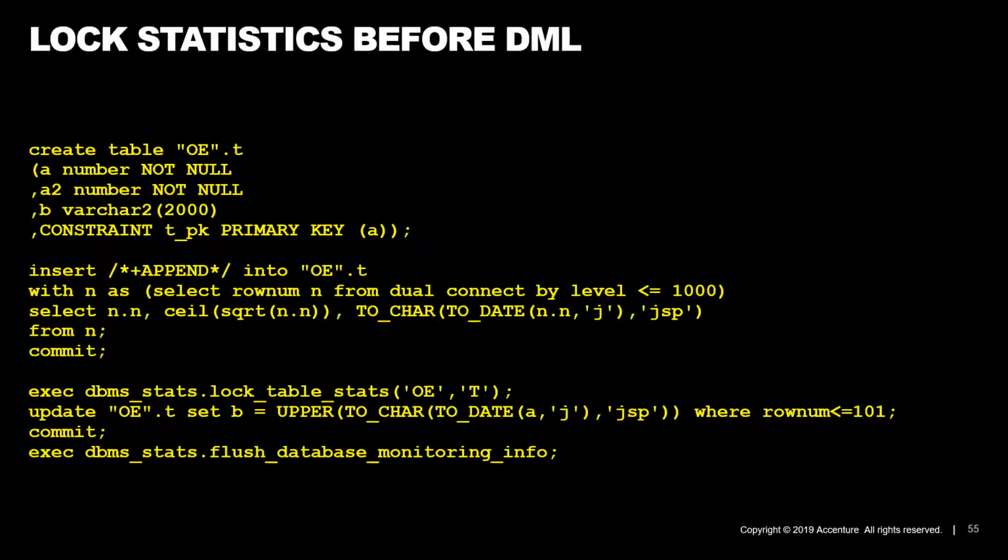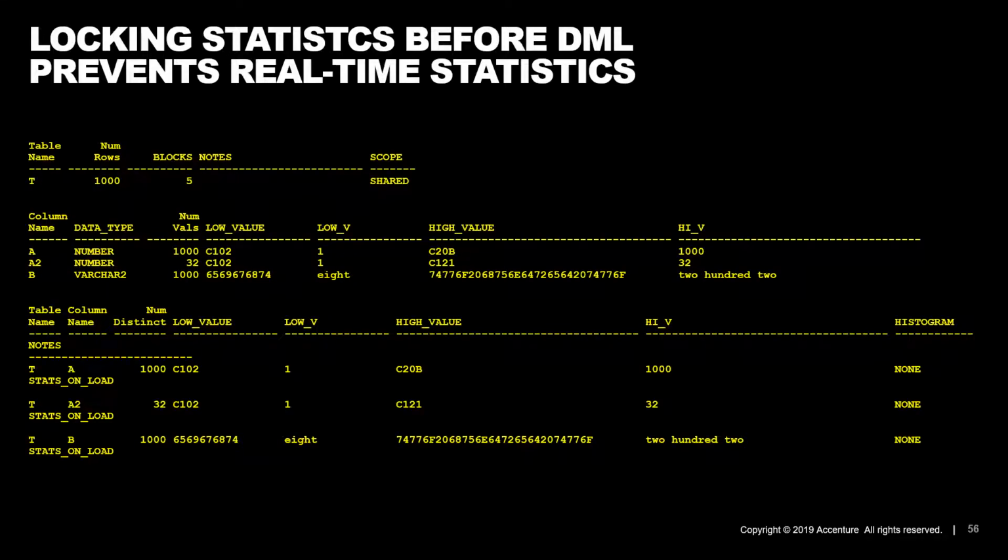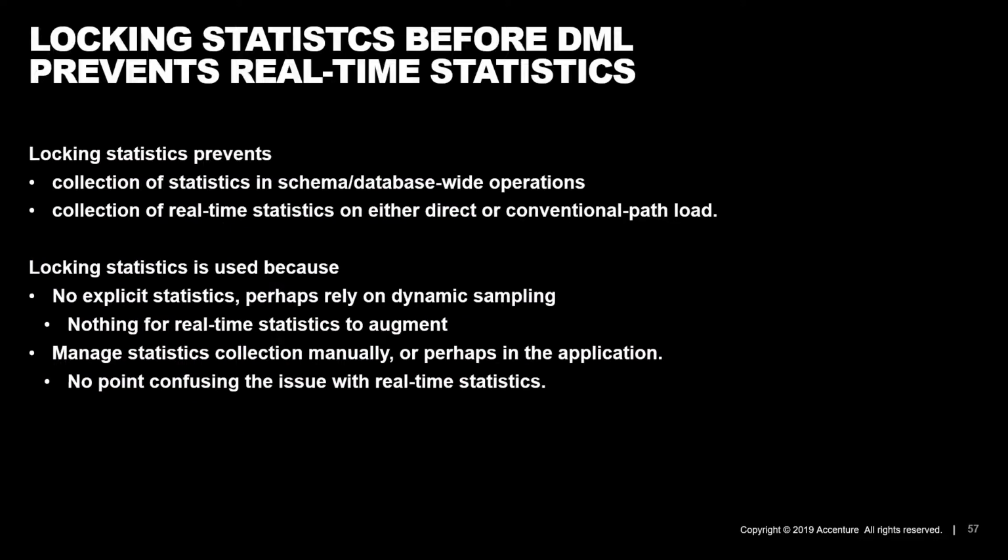If you lock statistics on a global temporary table, and I'm going to lock the statistics here after the initial insert, but before the subsequent conventional path update, then you don't get real-time statistics. You get the normal statistics on load. If I'd locked the statistics before the first insert, I'd have had no statistics here at all.